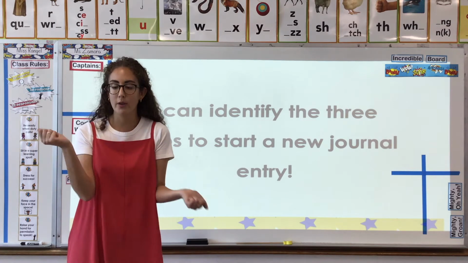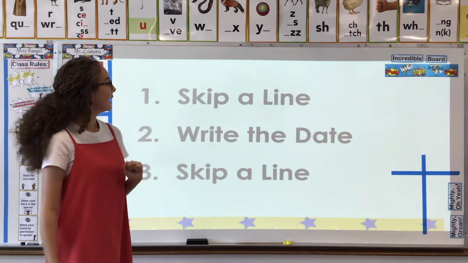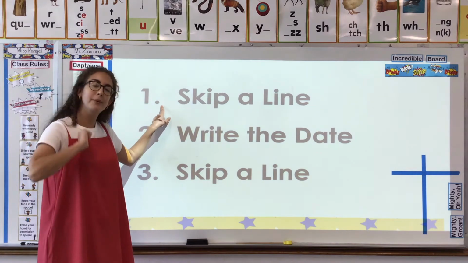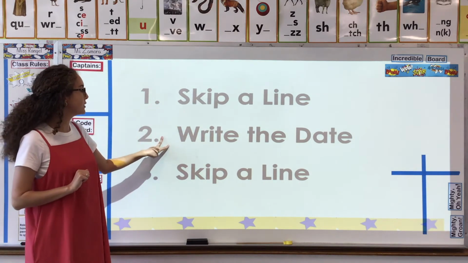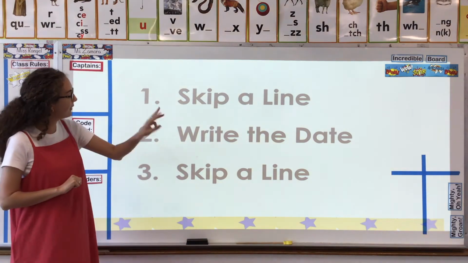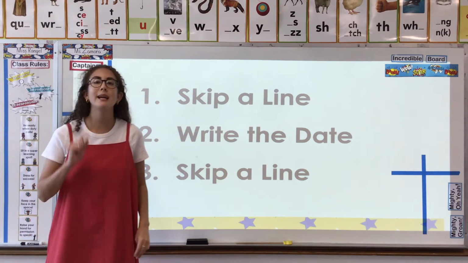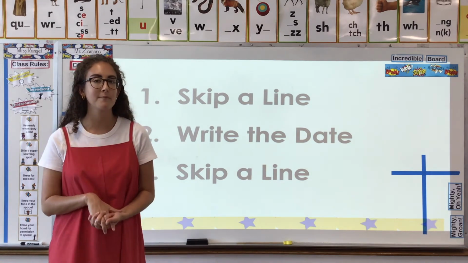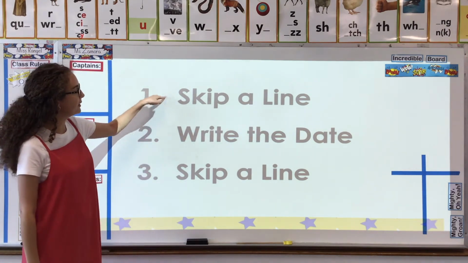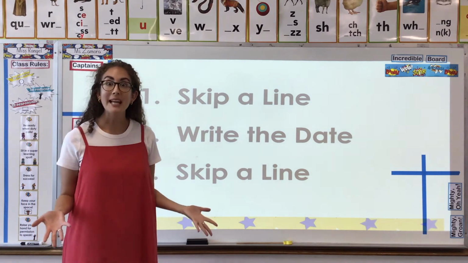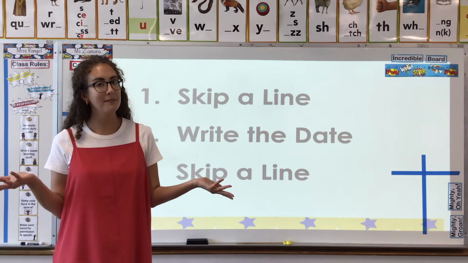And what are those 3 steps? They are, number 1, we're going to skip a line. Number 2, you are going to write the date. And then number 3, you're going to again skip a line before you start writing. So, skip a line, write the date, skip a line. Pretty easy enough to understand, right?